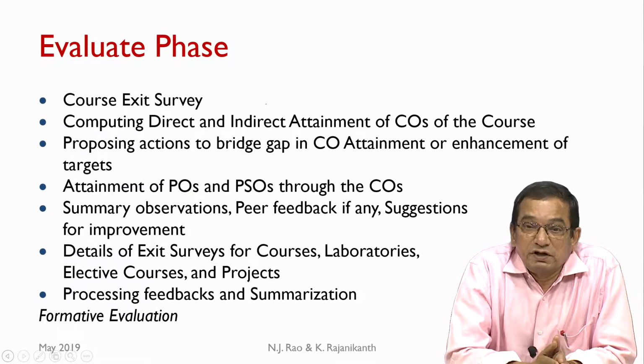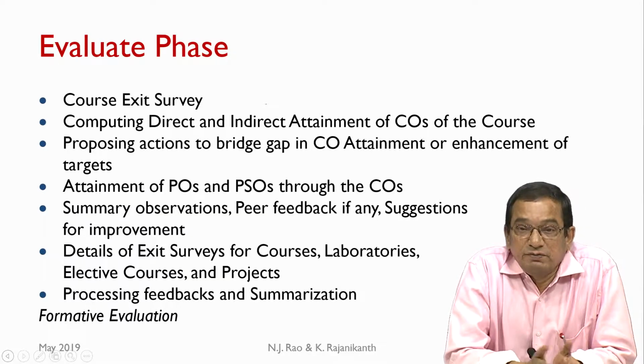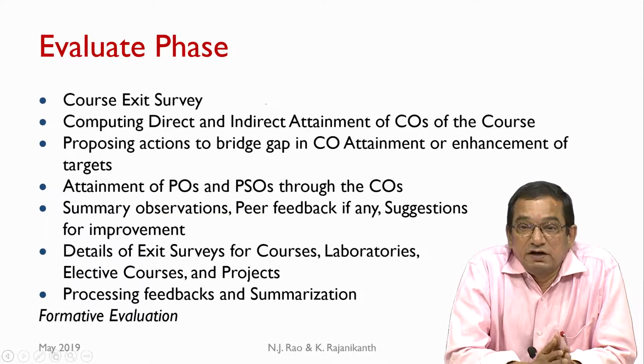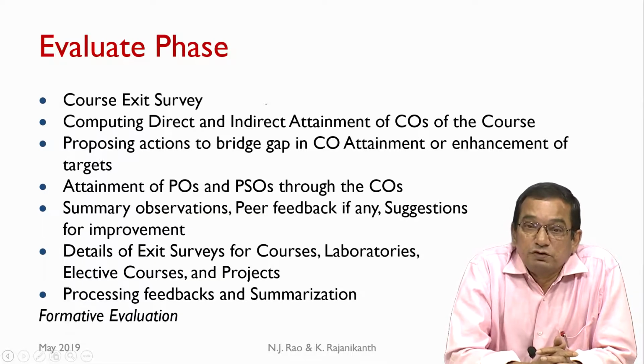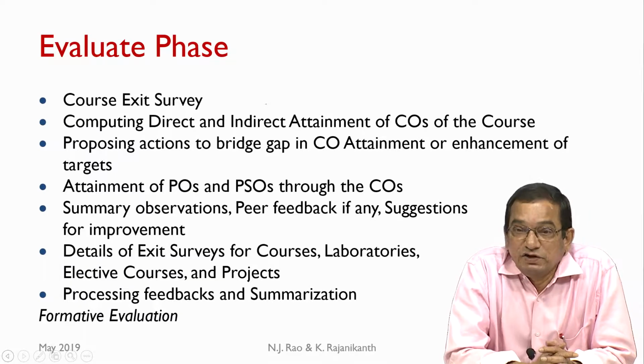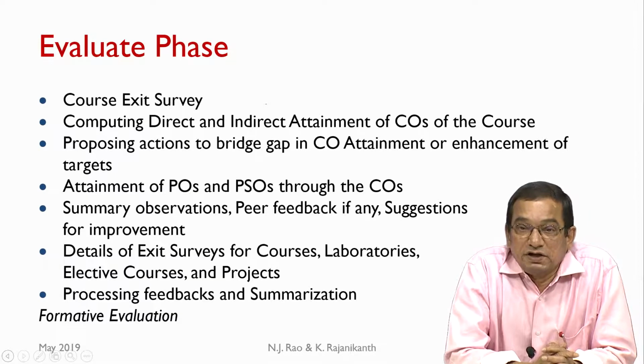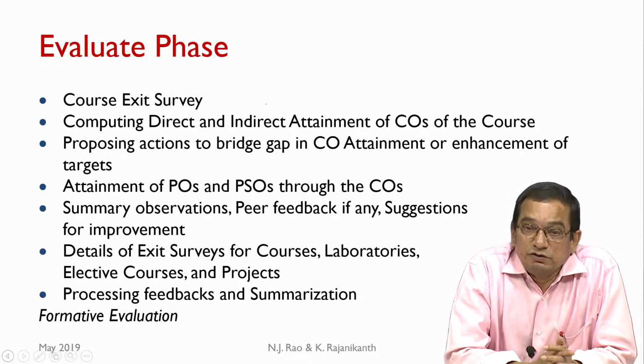We have set the targets during the design phase, and now we compute the actual attainment. If the attained level is less than the target level, we need to plan improvement. If the attained level is equal to or more than the target level, then we have the choice.